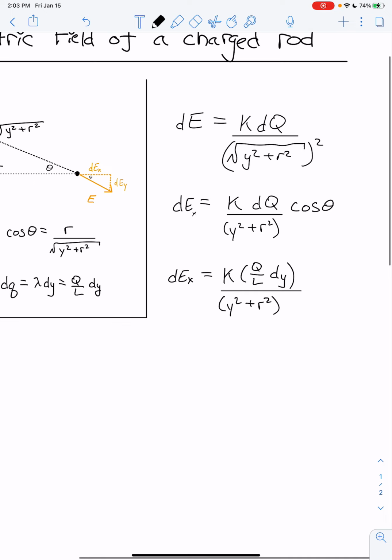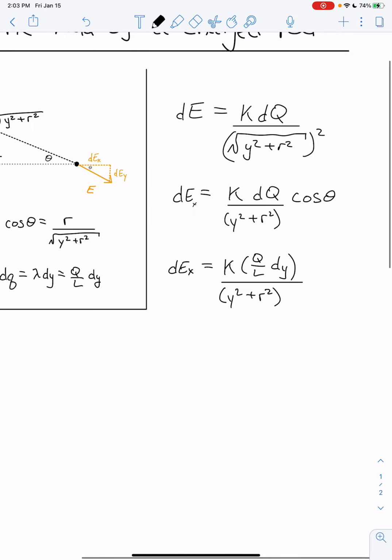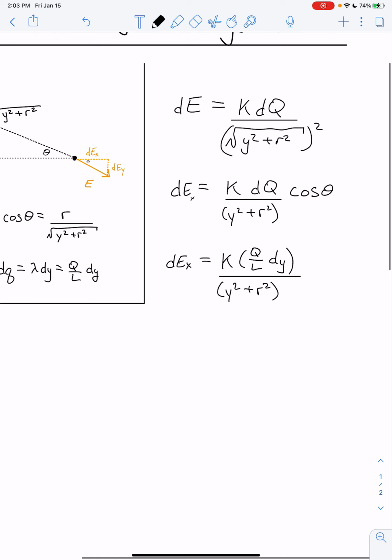Now the other thing we can substitute is cos theta. Now writing it this way made sense because this was all equal to just the electric field times cos theta was our x component of the electric field. But now let's put it in terms of the variables we already have in this equation.